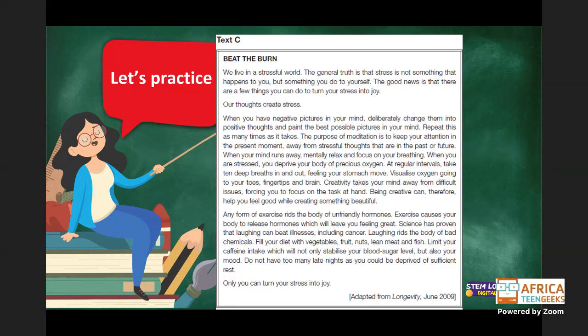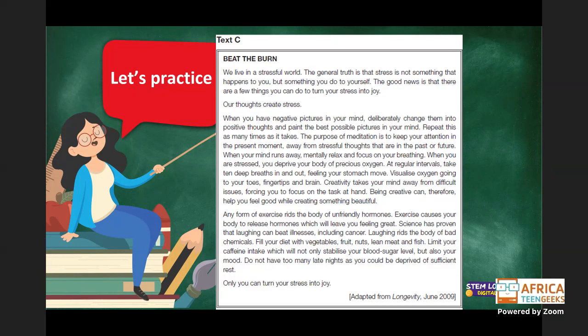Exercise causes your body to relax, or rather to release hormones which will leave you feeling great. Science has proven that laughing can beat illnesses, including cancer. Laughing rids the body of bad chemicals.